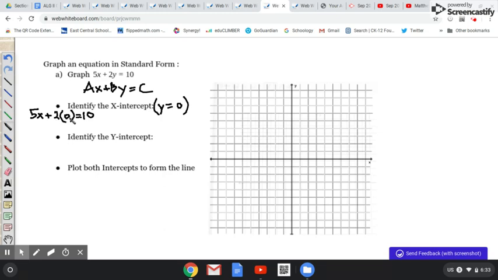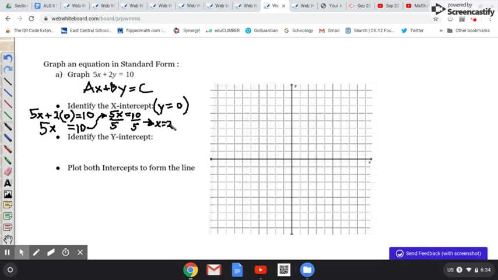So I replaced y with 0. Now 2 times 0 is 0, so this term turns into a 0, and I can just get rid of it, because 5x plus 0 is just 5x equals 10. Now if 5x equals 10, to get x by itself, I can divide both sides by 5, and that tells me that x equals 2.